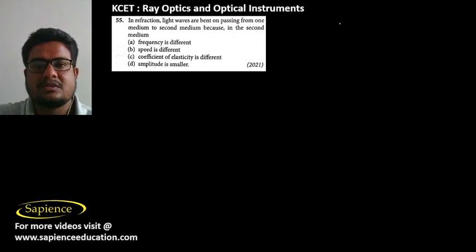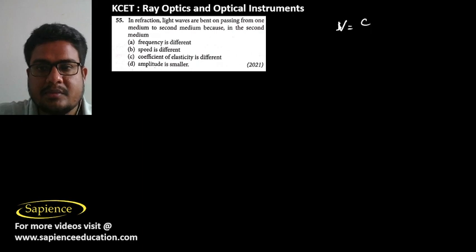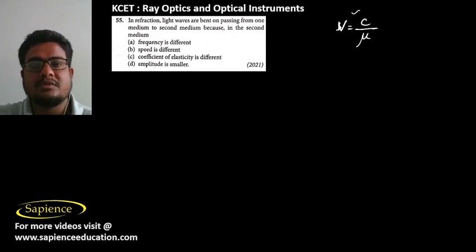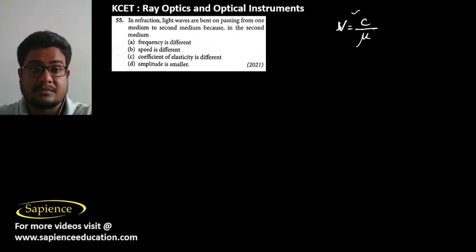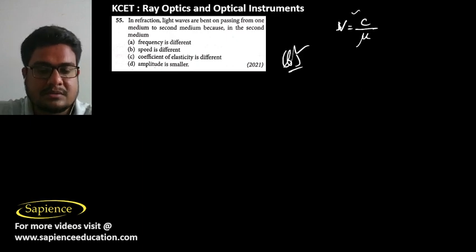The speed of light in that medium is given as c by mu, that means the refractive index. So the speed will change, and that is why there will be refraction. So option D is the correct answer.